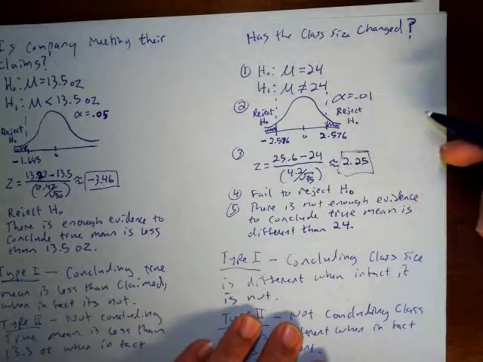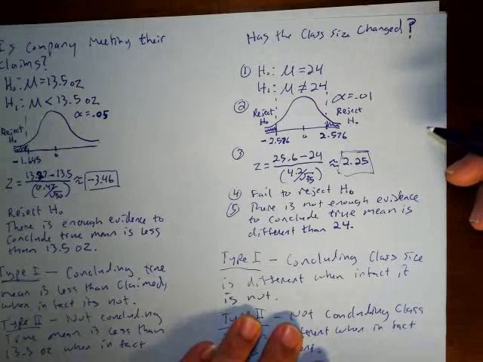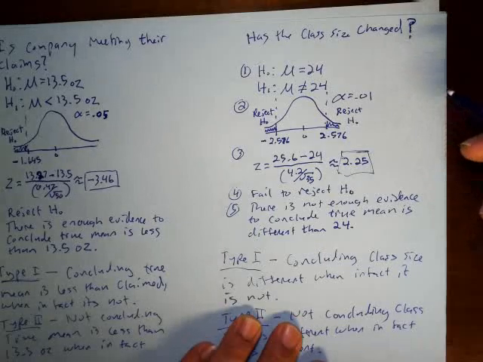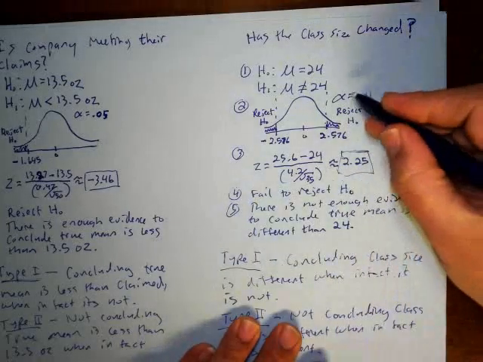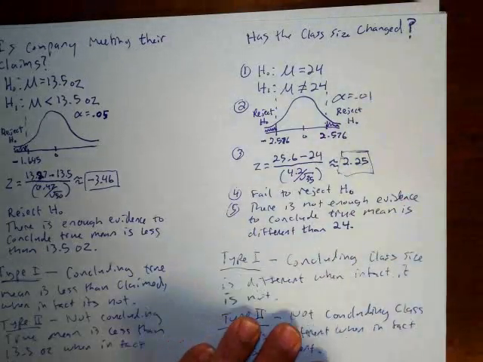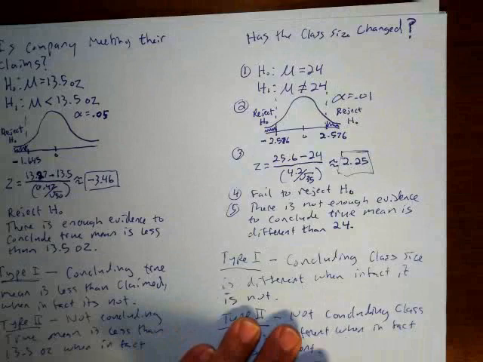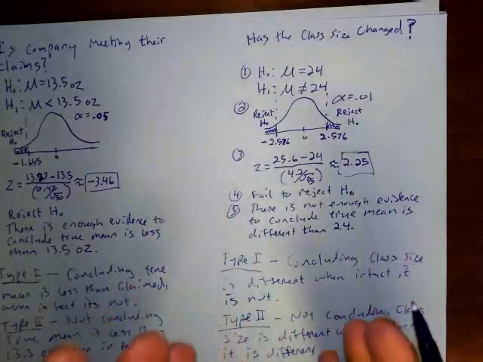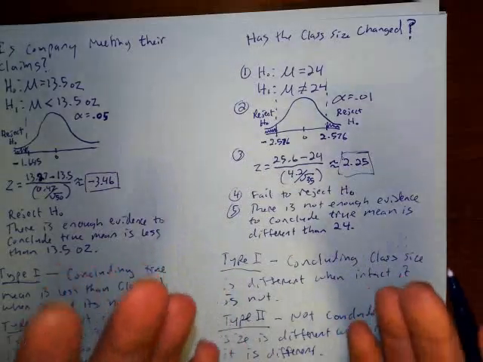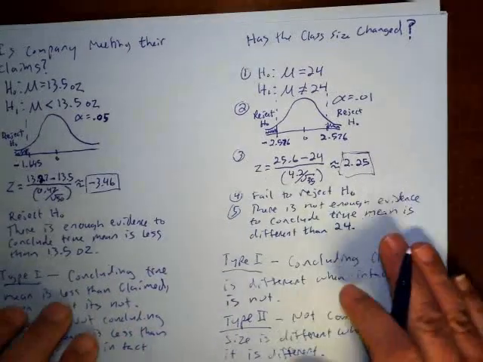That helps you see that it probably is a little bit different, but not statistically significant at that level. But at the 0.05 significance level, we could say that we have a statistically significant difference. The 0.01 level requires more evidence before it would be statistically significant. So that's what's going on.